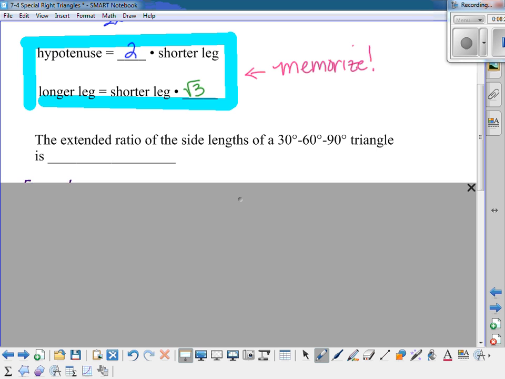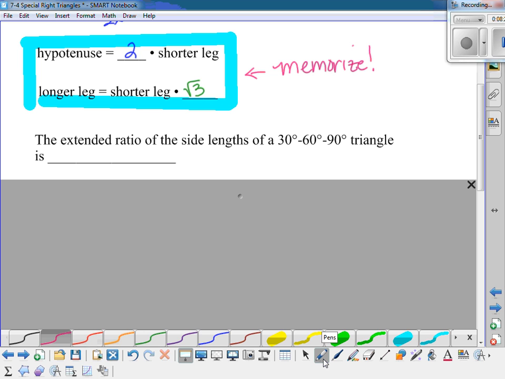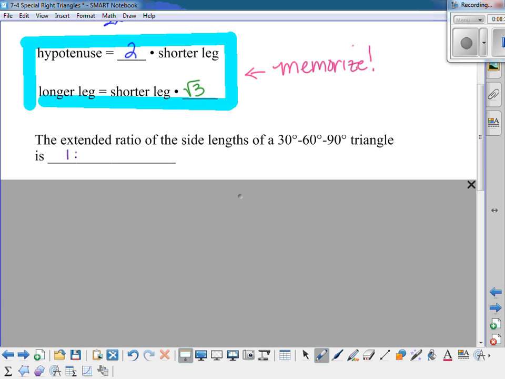Oh, one more thing though before we do that. The extended ratio then of the sides in a 30, 60, 90 triangle, if the short side is 1, then the long leg is root 3, and the hypotenuse is 2.